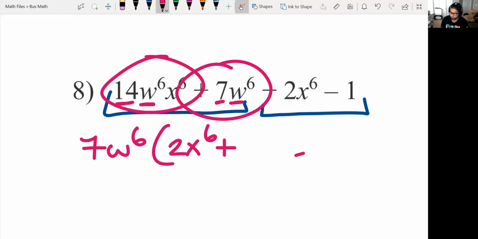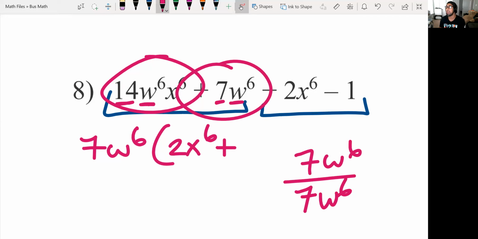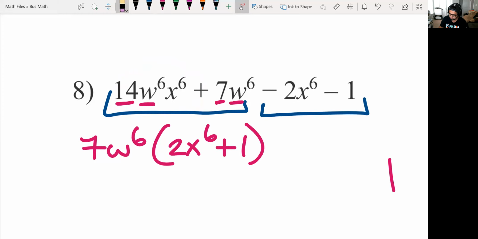So again, we're saying 7w to the 6th from 7w to the 6th, and anything over itself is always 1. So you get a 1 there. Okay. And then negative 2x to the 6th, negative 1, nothing in common.